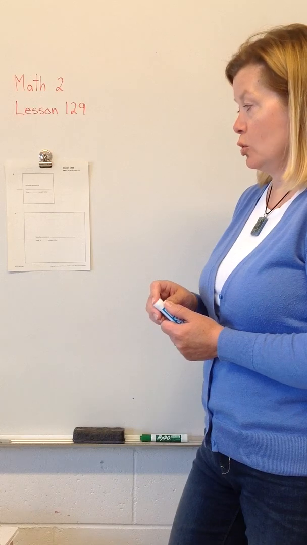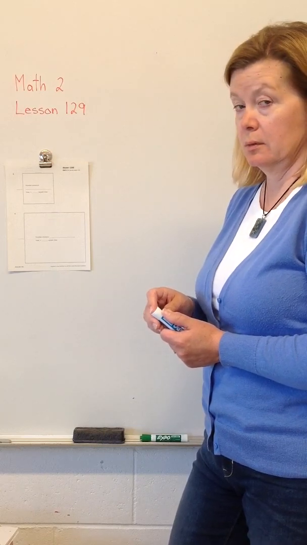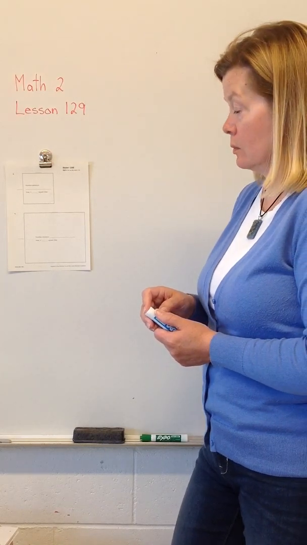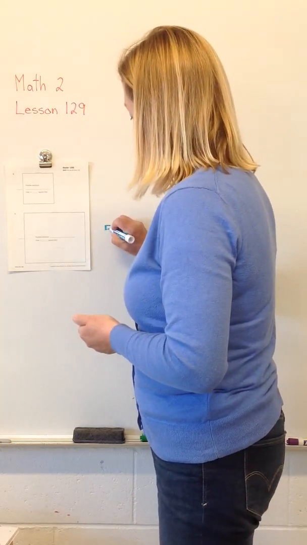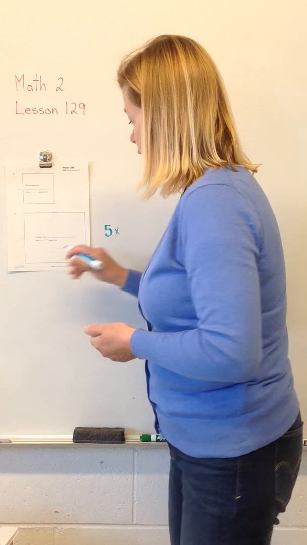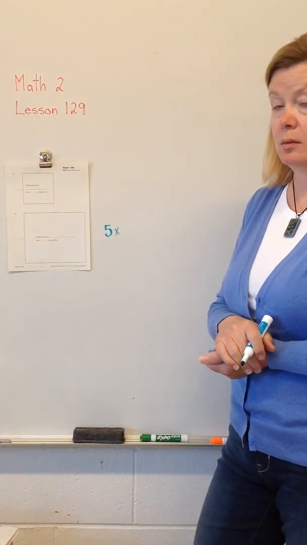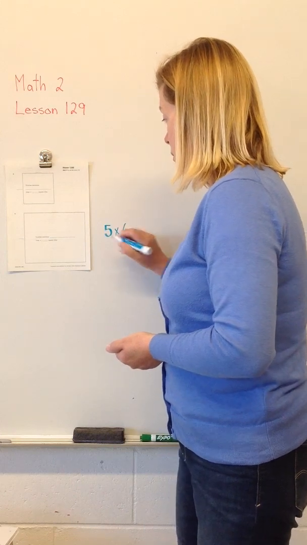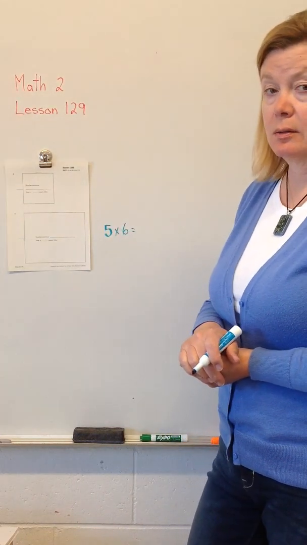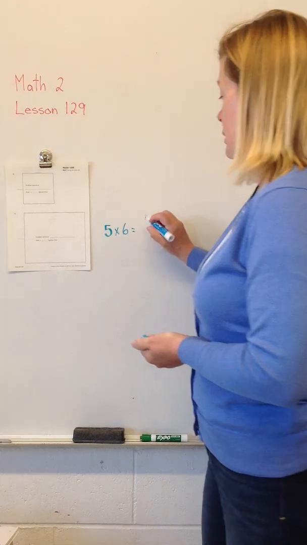How many rows do you have? It's 5. How many in each row? 6. So what are 5 groups of 6?